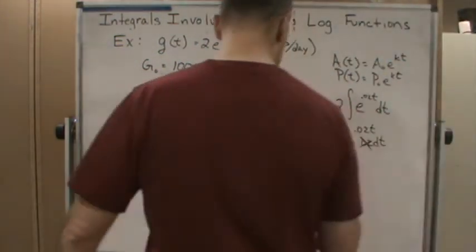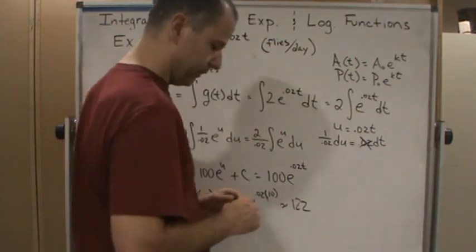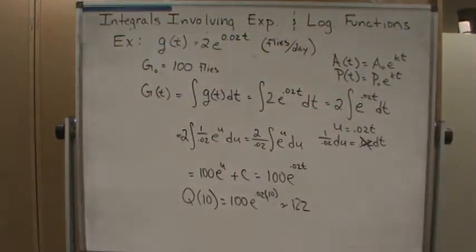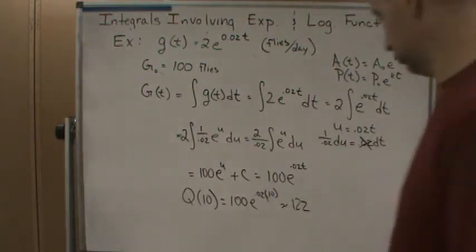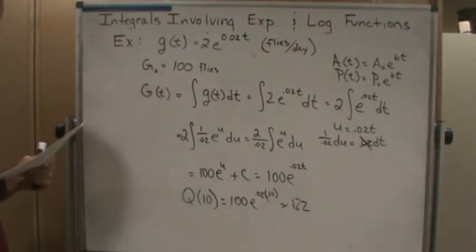So we're going to round that to the nearest fly. So we get 122 flies. So that's the population.